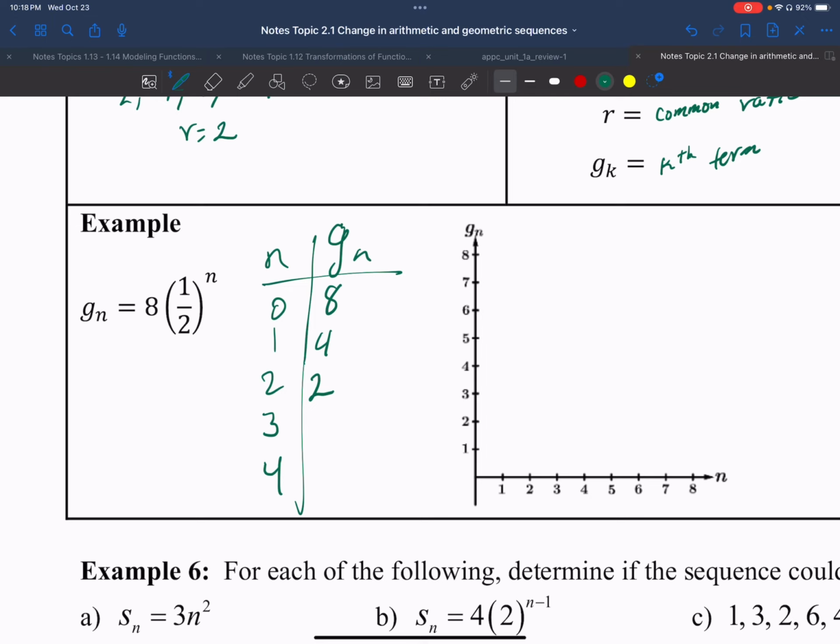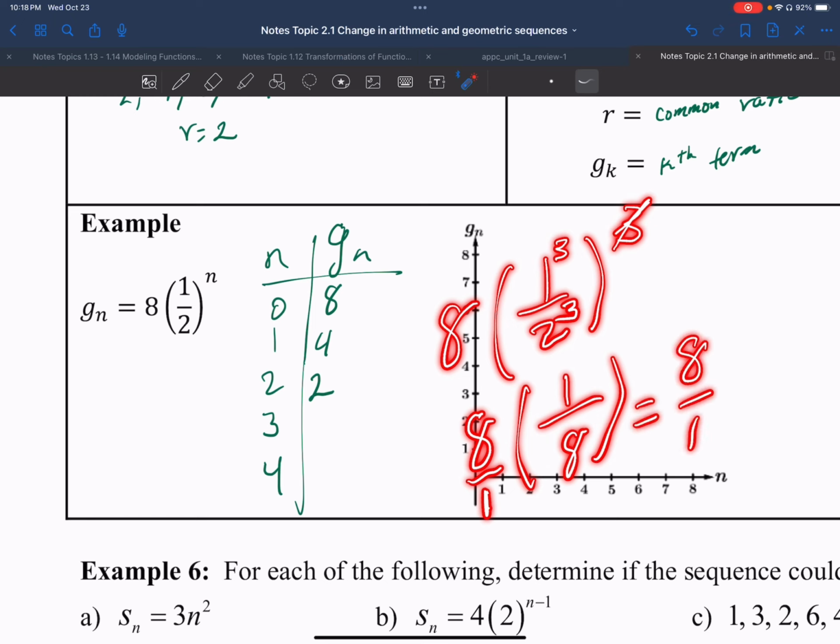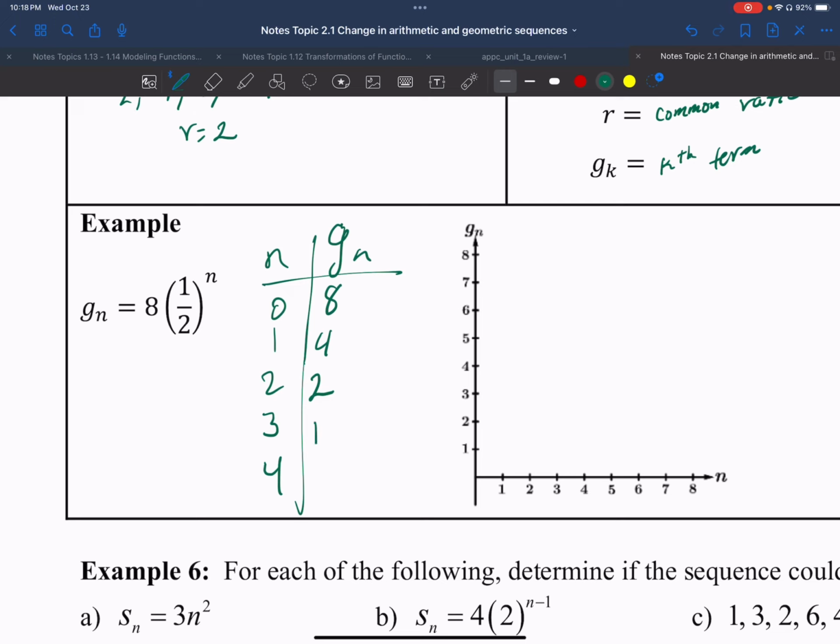For the next one, I'm going to input 3. So I'm going to do 8 times 1/2 cubed. Again, I'm going to apply that to the numerator and the denominator. So that will give me 8 times 1 over 8. Put the other one over 1, which will be 8 over 1 times 1 over 8. Multiply across, giving me 8 over 8, which simplifies to 1.